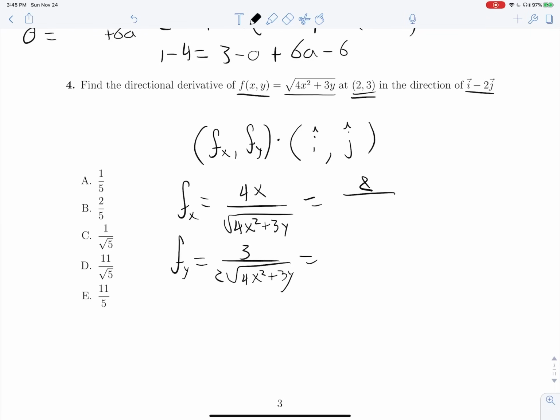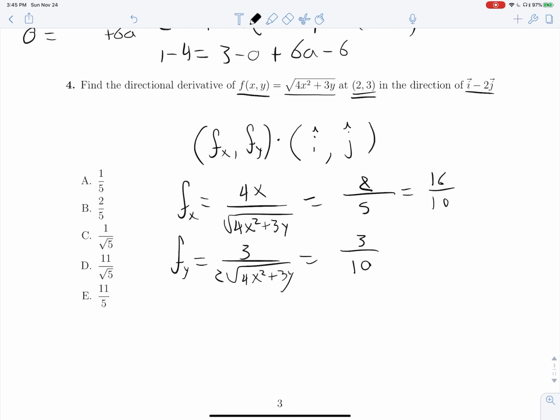This is going to be 8 over root 16 plus 9, or root 25, so just 5. And this is going to be 3 over 2 root 25, so 3 over 10. And just for ease of the calculations later, we'll turn this into 16 over 10.